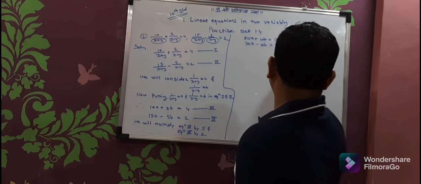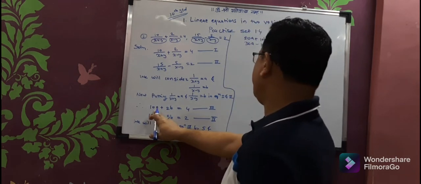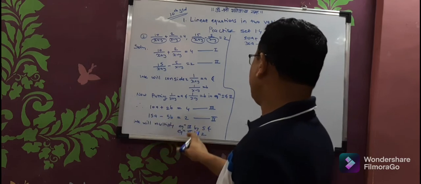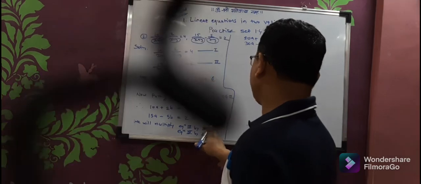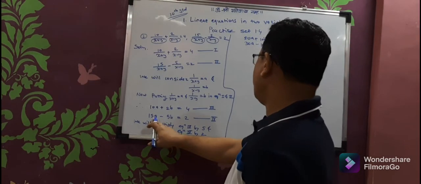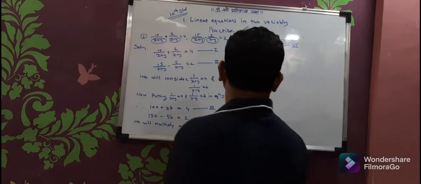This is equation number 6. What have we done? 5 tens are 50, 5 2s are 10, 5 4s are 20. Then multiplying equation 4 by 2, 15 2s are 30, 5 2s are 10 and 2 2s are 4.